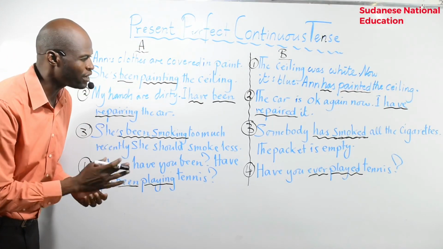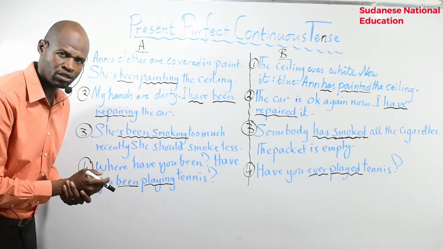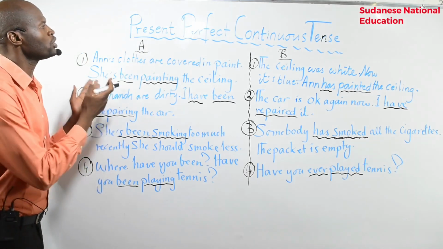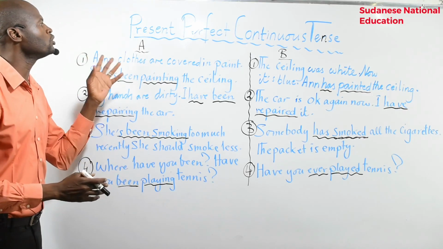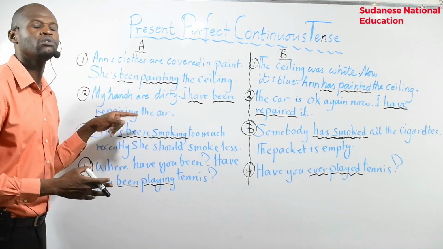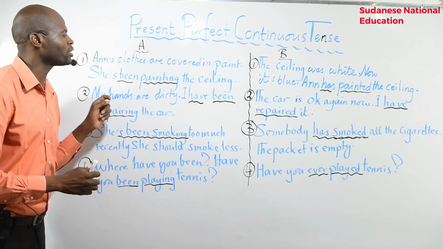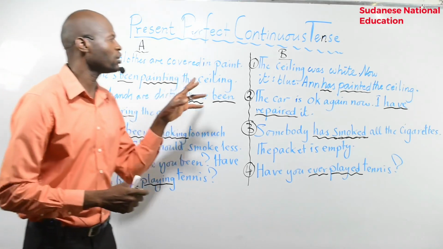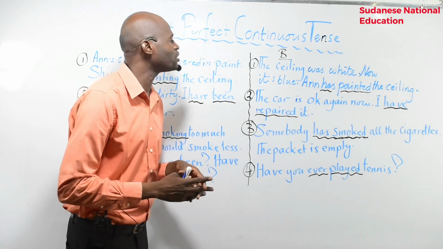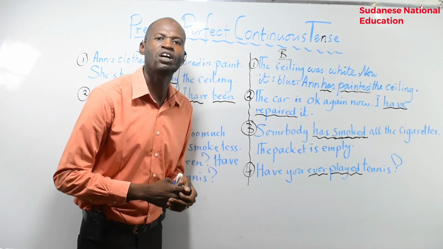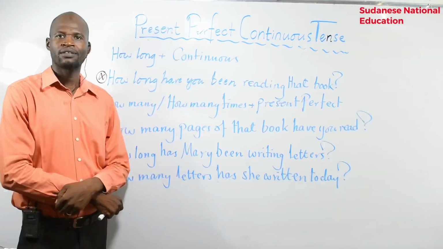So we use present perfect continuous when we are interested in the action itself, while we use present perfect tense when we are interested in the result of the action.